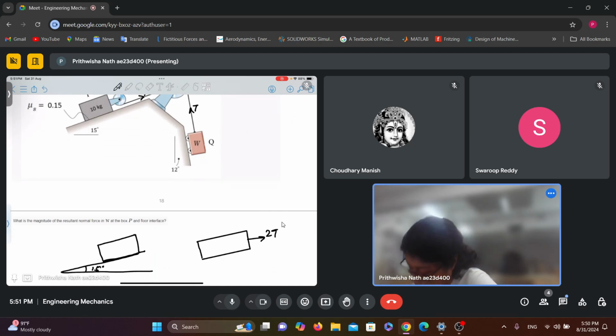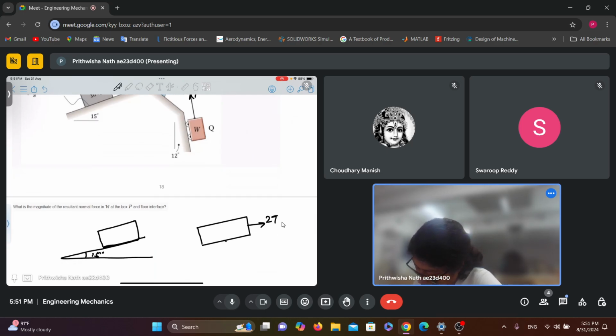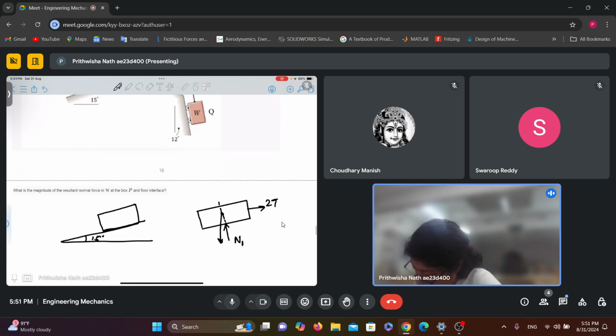Now let this be the normal force N1. And the weight is acting downwards.